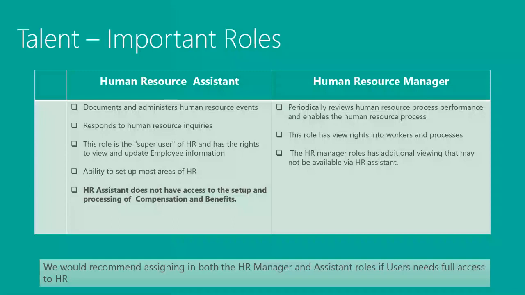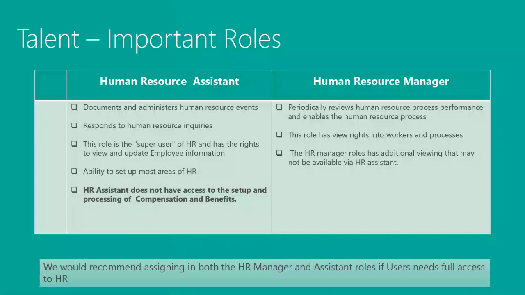More in general, the most common scenario in most of the organizations that I've seen in implementations is that a particular user will be performing the assistant role, and also they would be viewing the reports and then making some decisions. In that scenario, we would recommend using the HR manager and HR assistant roles if the user needs full access to HR.